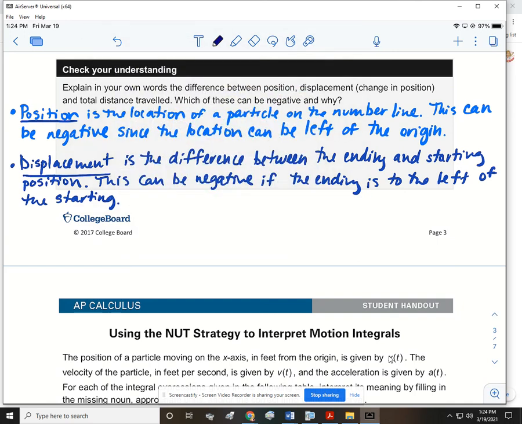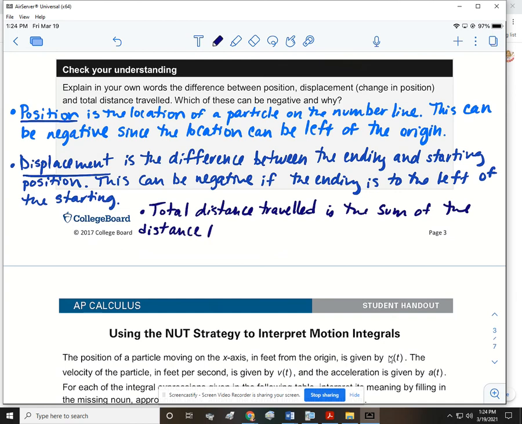And then the last one is the total distance traveled. Is the sum of the distance left and distance to the right.